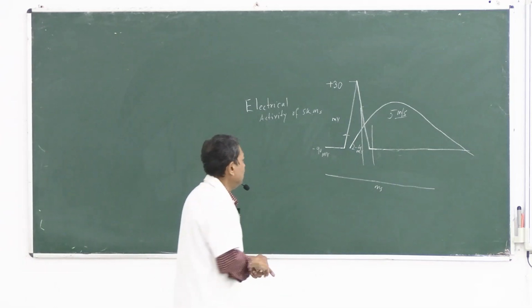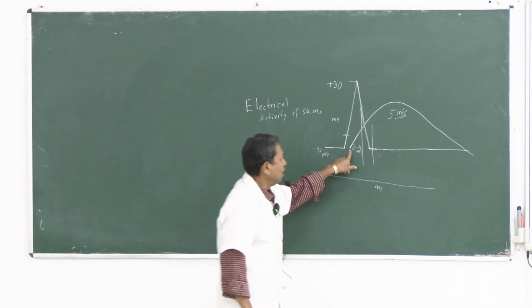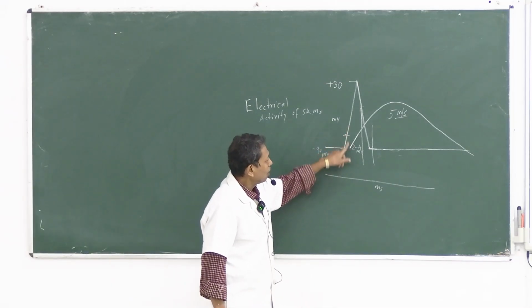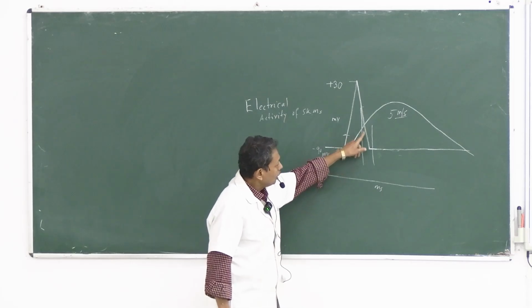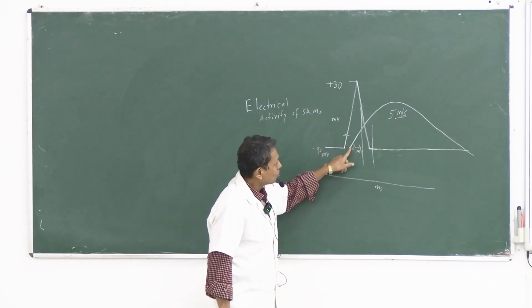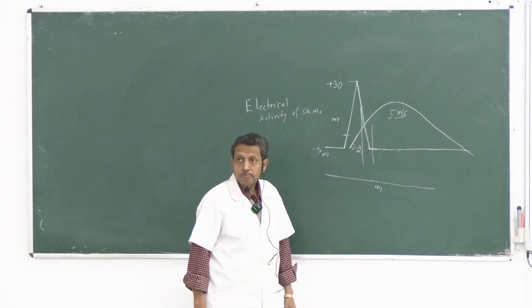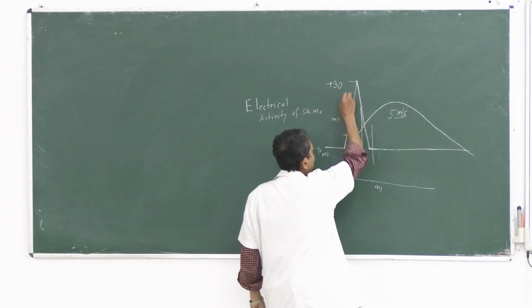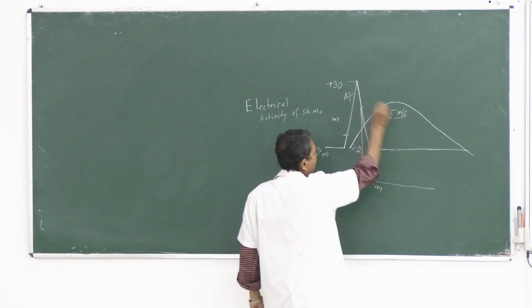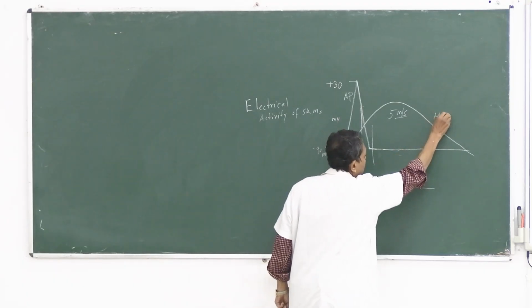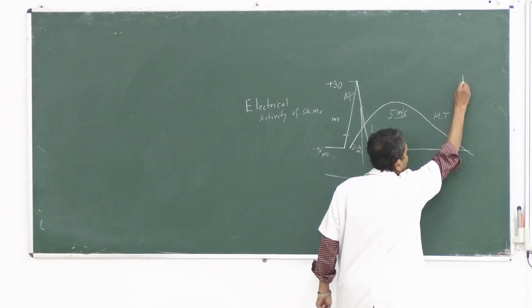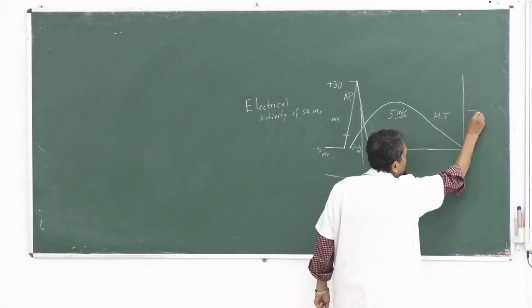Whatever it may be. Now, after this, at the beginning of the depolarization, before the depolarization is complete, there is contraction of the muscle. You can call it the muscle twitch, and it is the isometric tension that is generated.